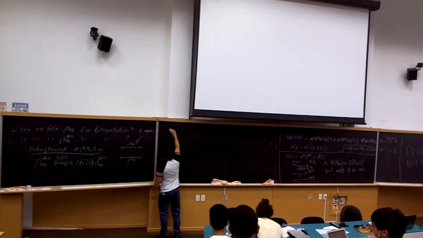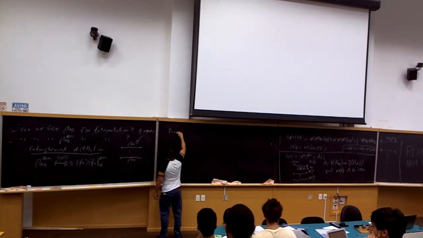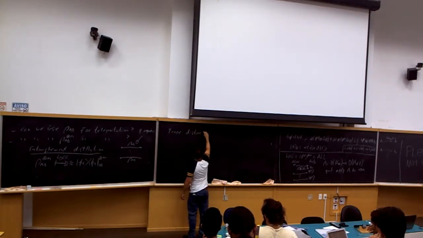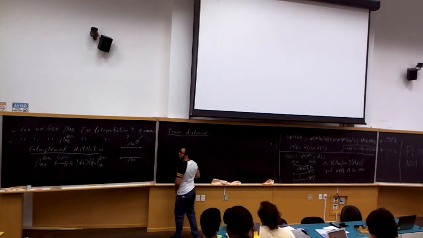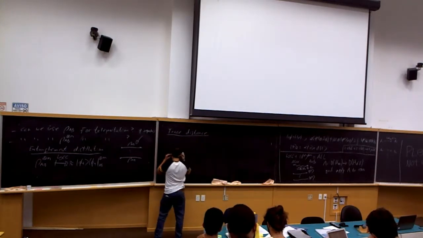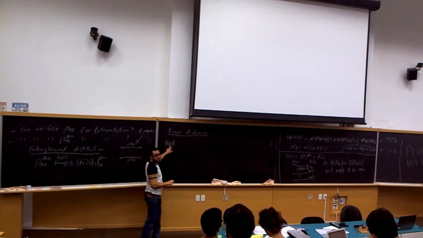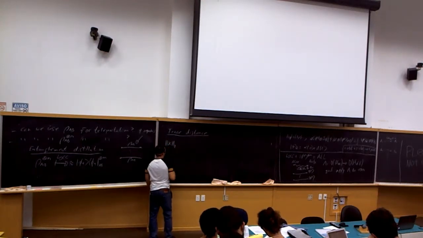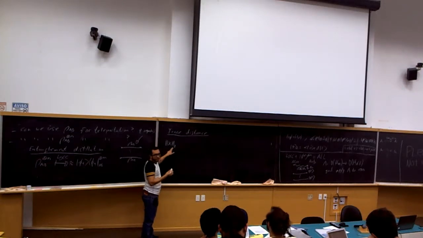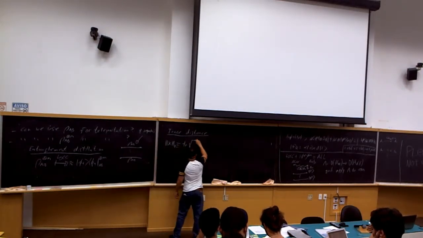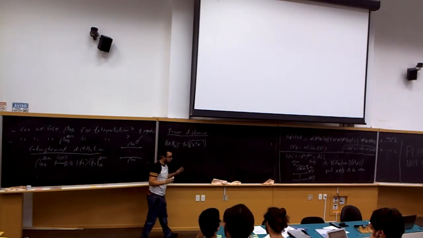So let's use the trace distance. First, given a matrix X, the Schatten one norm you define as just the trace of the square root of X dagger X. It's just a matrix norm.